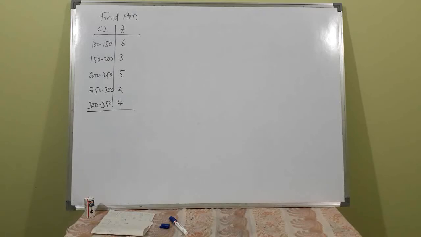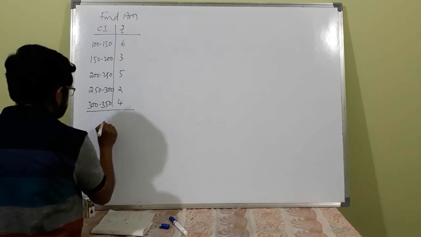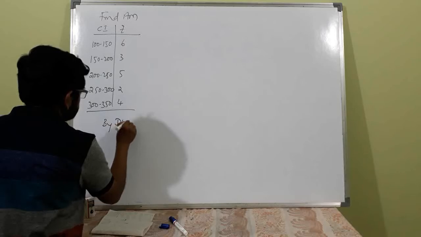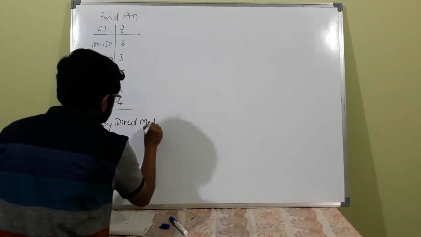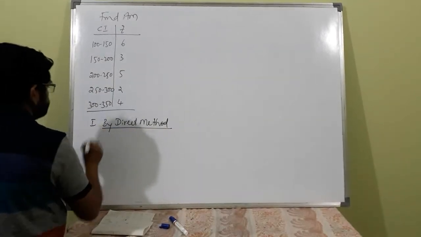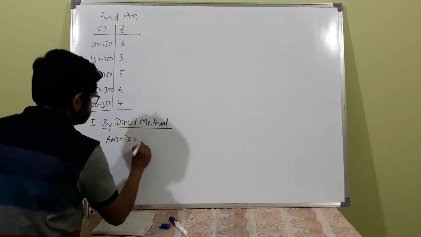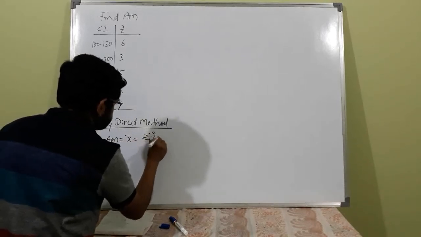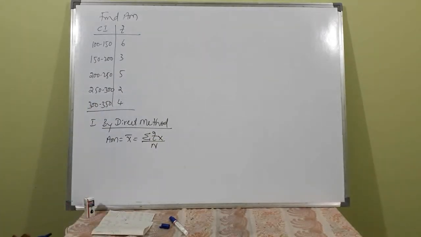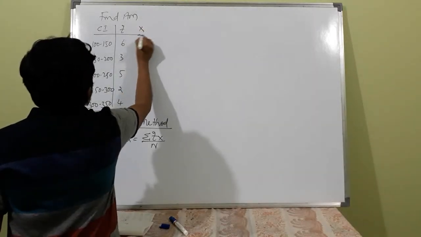Okay. First let us find arithmetic mean by direct method. First one, arithmetic mean is given by x bar is equal to summation fx by n. Okay, x's are midpoints.